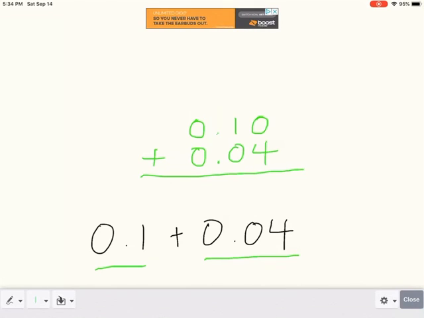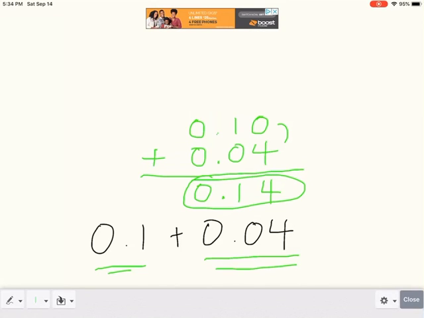It just makes it easier to add this way. 0 plus 4 is 4. 1 plus 0 is 1. Drop your decimal point. 0 plus 0 is 0.